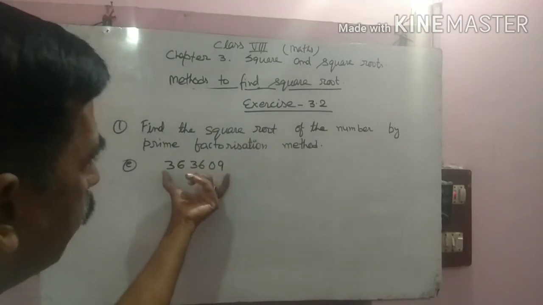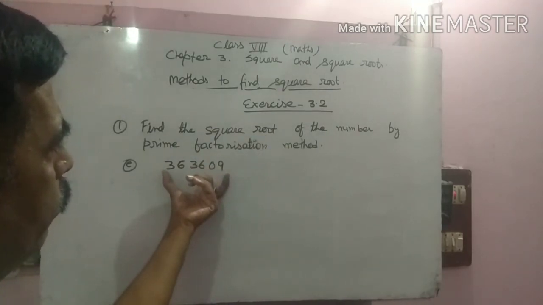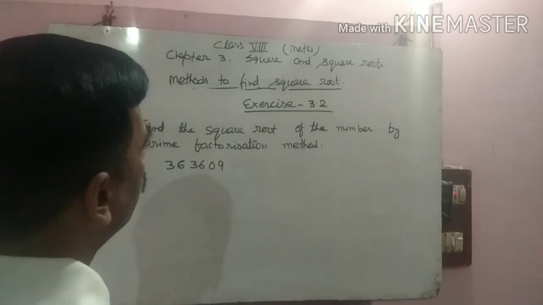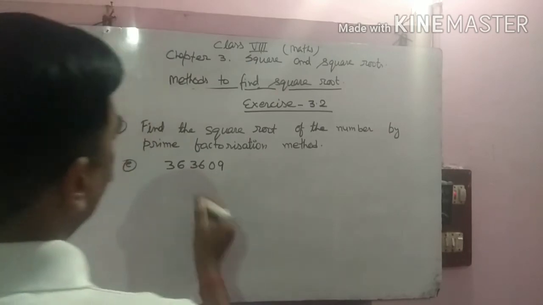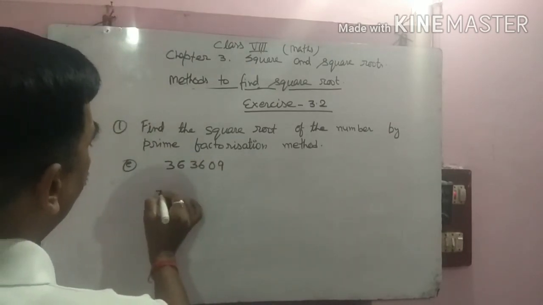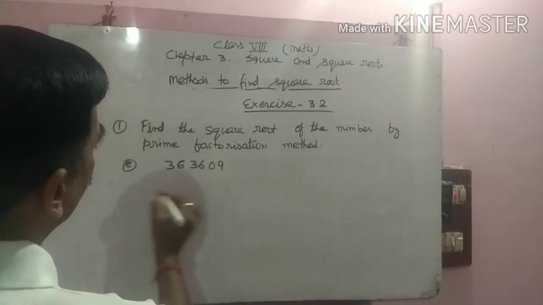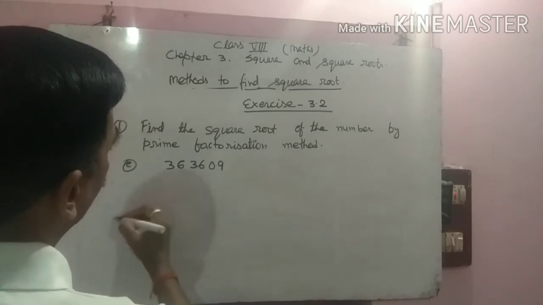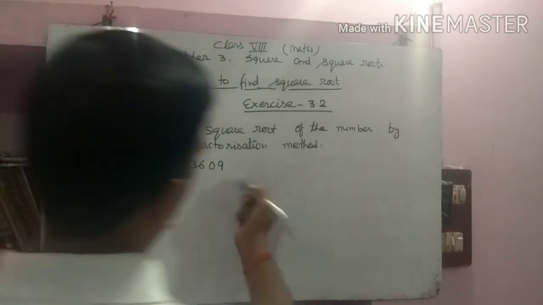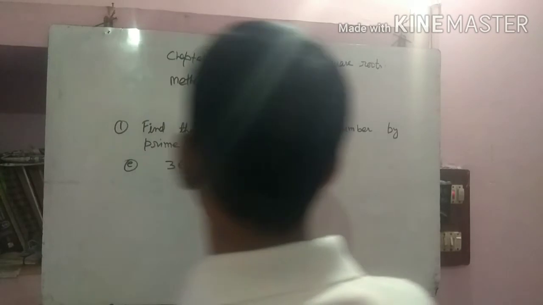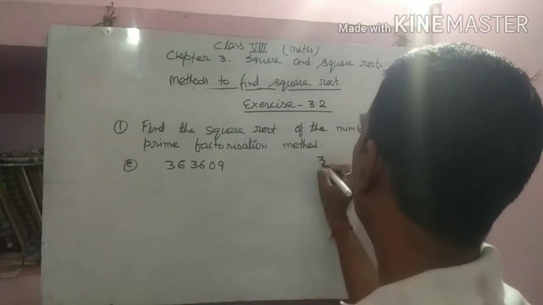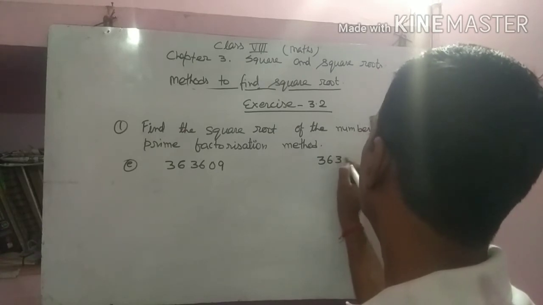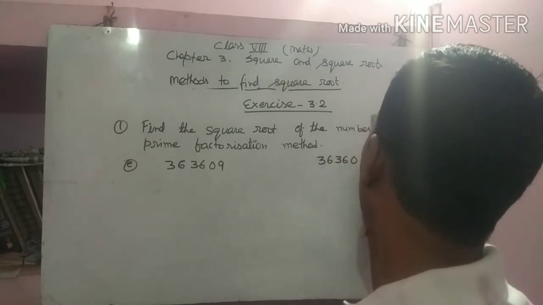So this number is equal to root under 363609. By the prime factorization method, we have to write 363609.